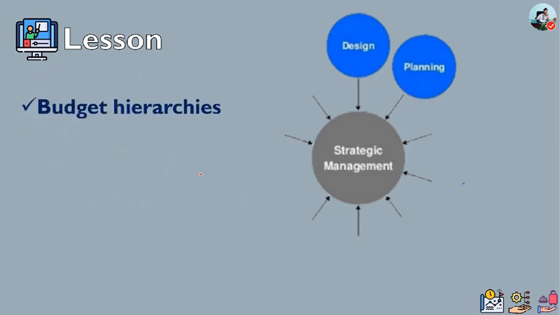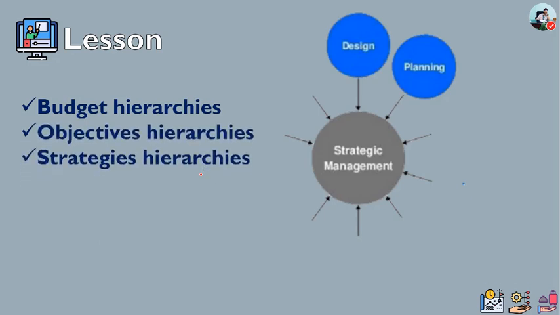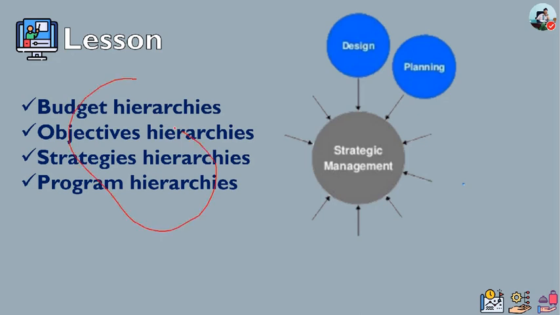Also, the planning hierarchies per Mintzberg and his colleagues include budget hierarchies, objectives hierarchies, strategies hierarchies, and program hierarchies. These hierarchies are detailed within the corporate, business, functional, and operational levels.